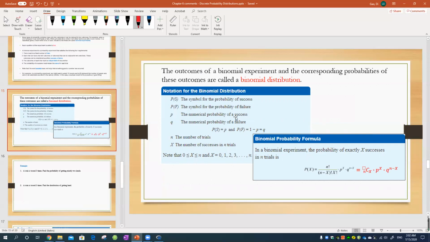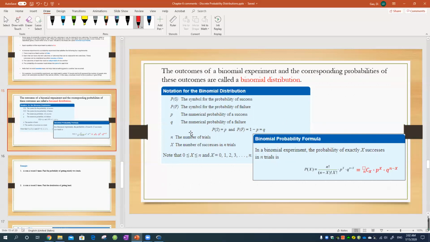For example, if we toss a fair coin and look at landing on head, then the probability of landing on head will be 0.5, or 50%, and that's the p value. And then q is the probability of failure, the complementary event. So we use 1 minus p to get q.